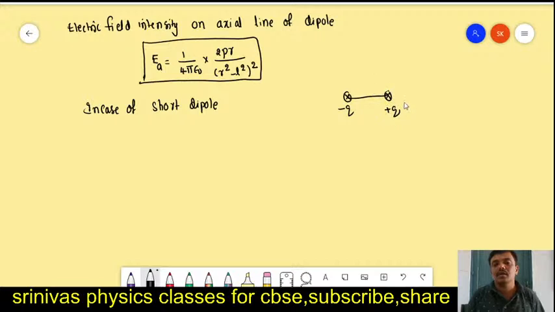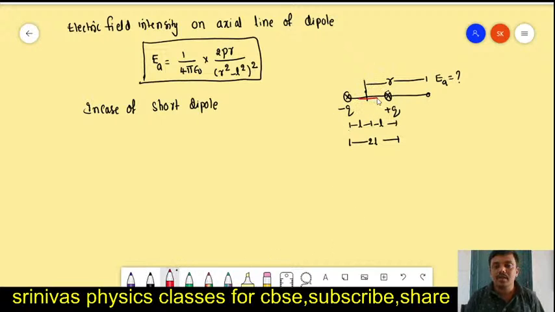And at a distance r from the center on the axial line, I want to find out the electric field. This length is L, and this length is L. Dipole length is 2L. L plus L is 2L. Now, what is the dipole moment direction? Right side, from minus Q to plus Q.